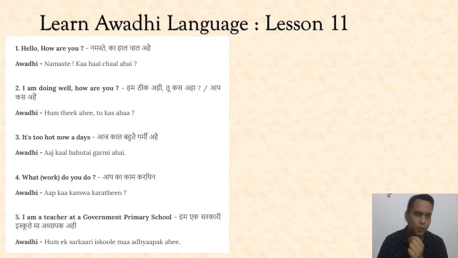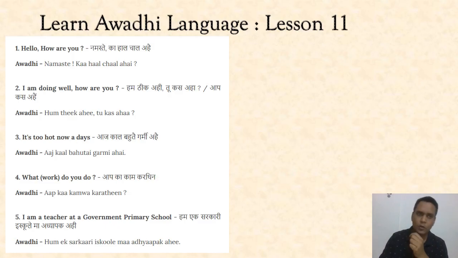Hello, how are you? If you want to ask someone how are you, you can just say Namaste, का हाल चाल है? Or you can say Namaste, tu kas aha. When you say tu kas aha, it means exactly how are you.